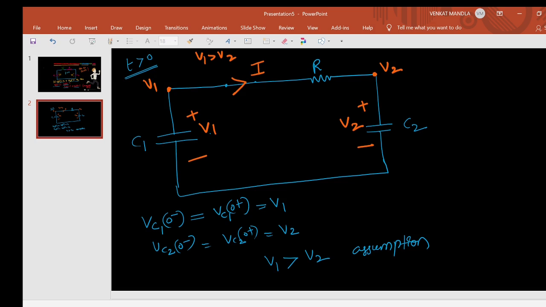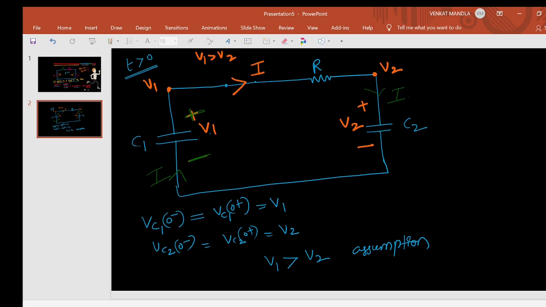So at t equal to 0 plus, what's happening here? Current is entering at C1, and the same current enters C2. Right? So here the current enters at the negative terminal of C1. The positive and negative, it enters at the negative terminal.